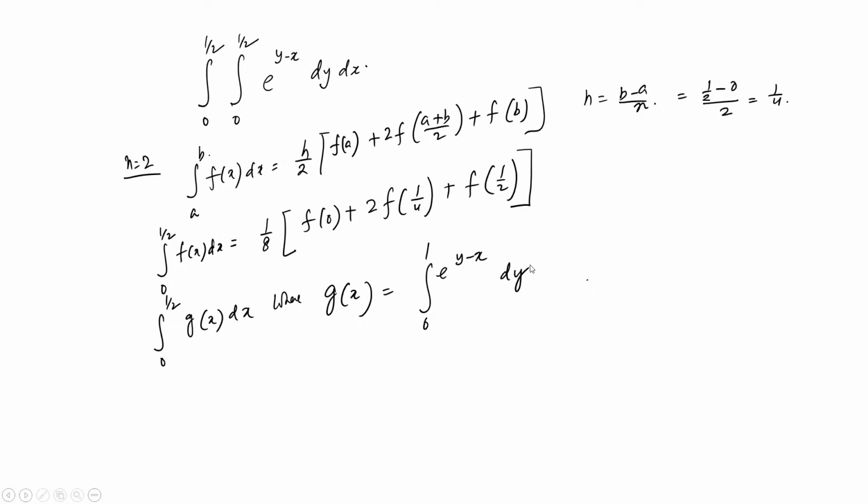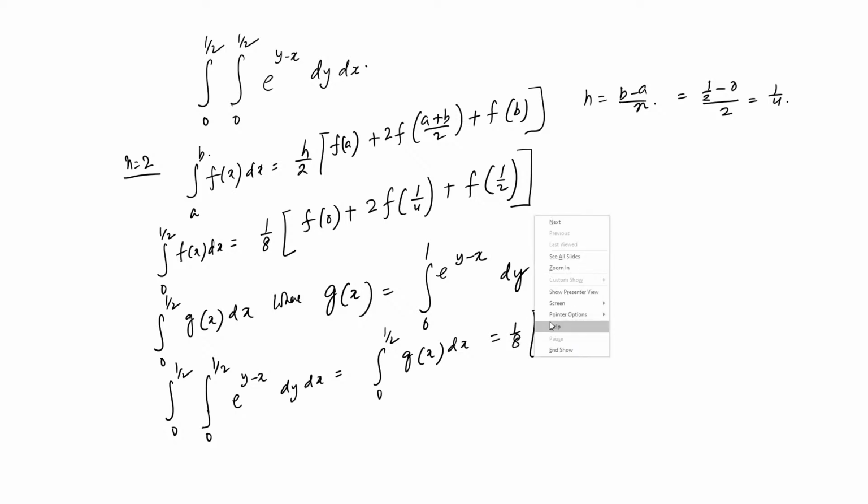Then you can write the composite integral, 0 to half and 0 to half of exponential y minus x dy dx, as the integral from 0 to half of g of x dx, and this is again 1/8 times g of 0 plus twice g of 1/4 plus g of half.